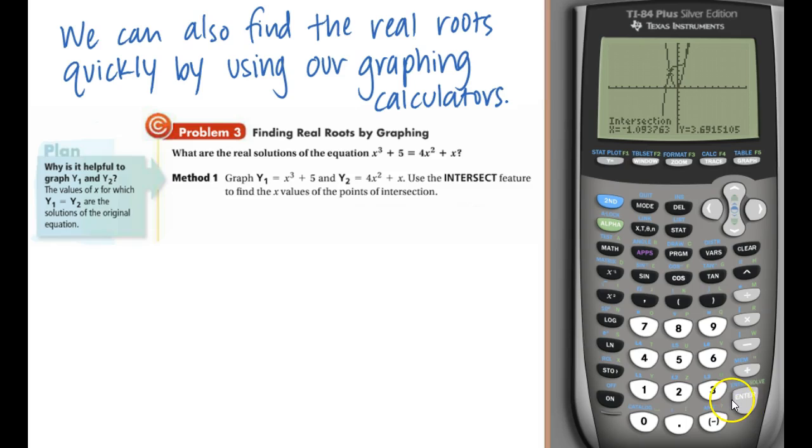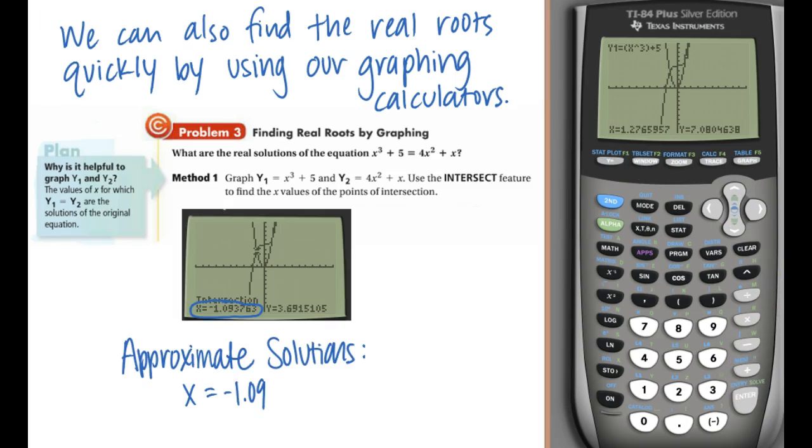And we see that our first intersection point is at the approximate coordinate of negative 1.09 for the x-coordinate. So that's our first solution. Now to get a closer look at the curve in the top right corner, you want to arrow over to that region and then go to zoom in. Enter and enter.